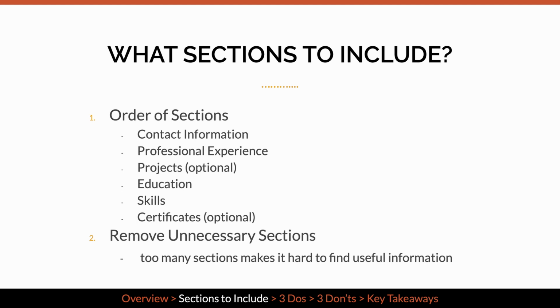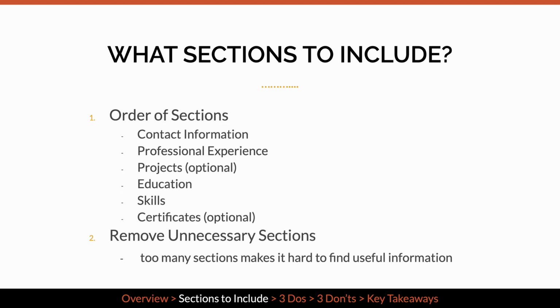First, the order of the sections is important. Make sure you put the most important section first. If you have any relevant work experience, definitely put it right after contact information. So the right order would be contact information, professional experience, projects, education, skills, and certificates.